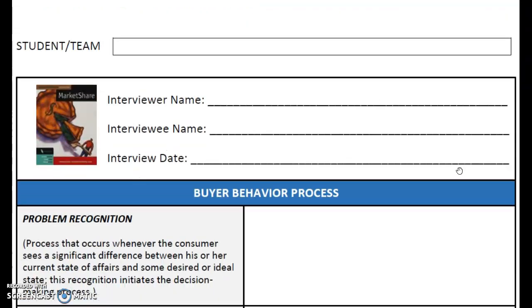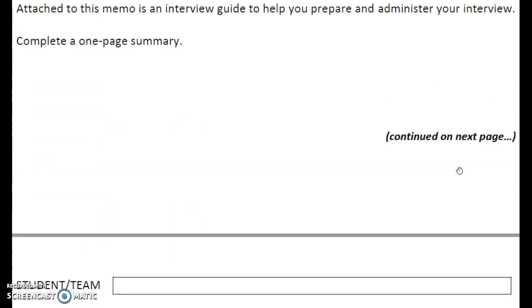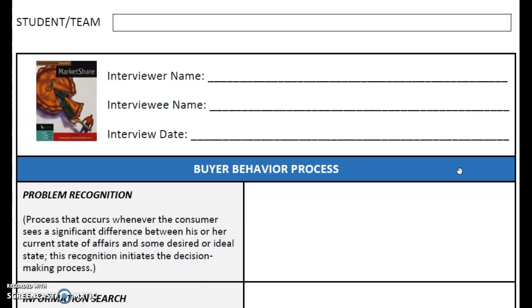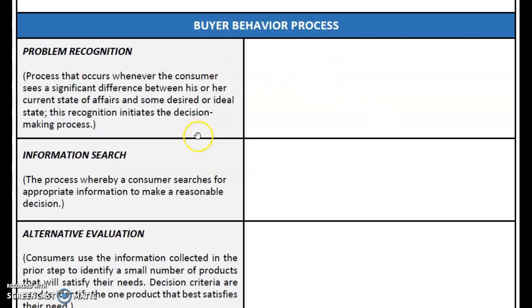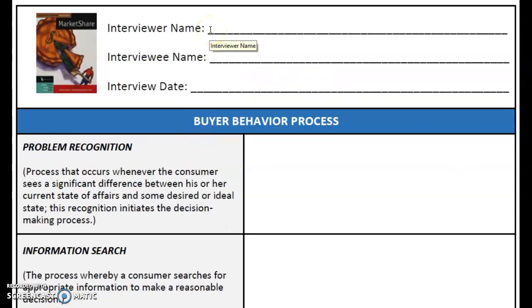So here is the template or the format that you can use to summarize your interview. Again, it's a PDF, so it doesn't save. Create a Word document and then recreate the table there. List interviewer names, interviewee names, of course, could be representing the whole group.